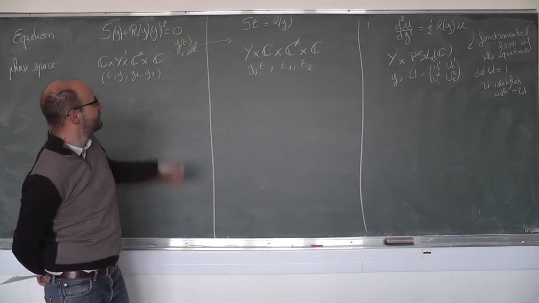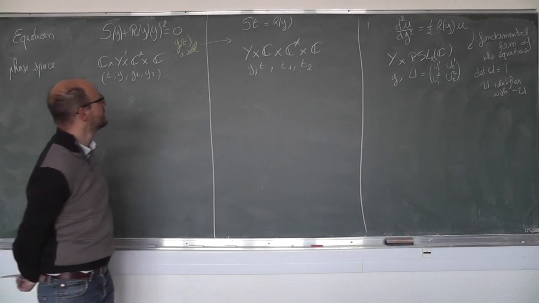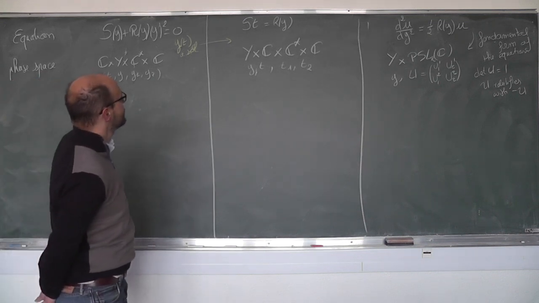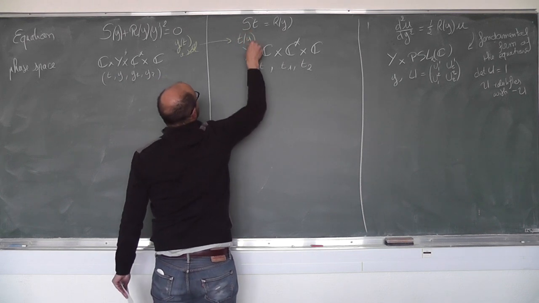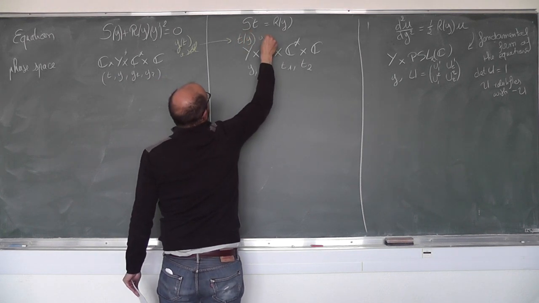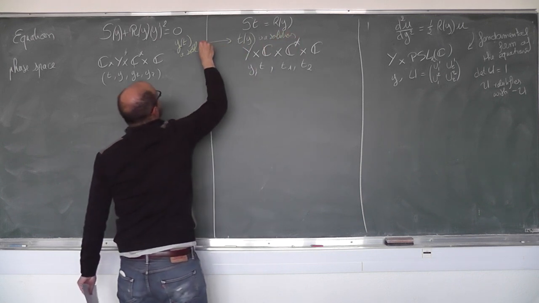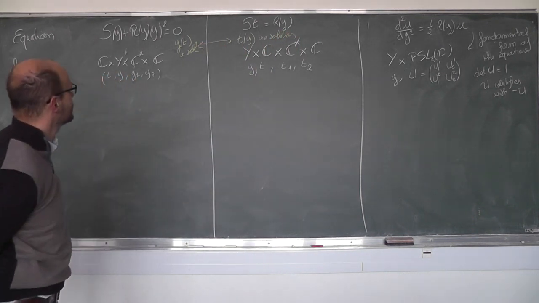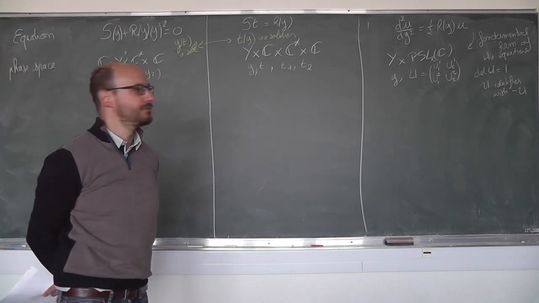Then you can invert it, because the derivative is always non-zero, as I said. And the inverse satisfies this one. This is a solution. And you can reverse everything. It is just the first nice formula for the Schwarzian derivative.